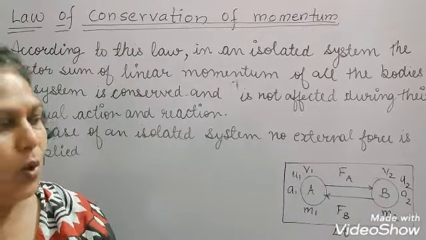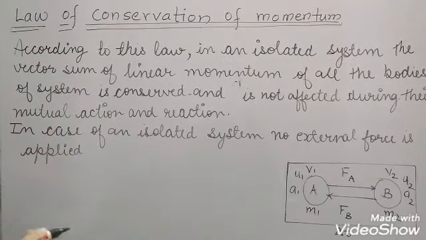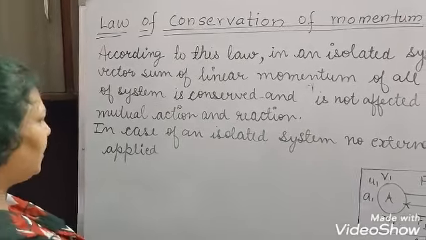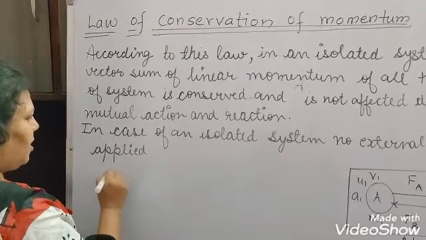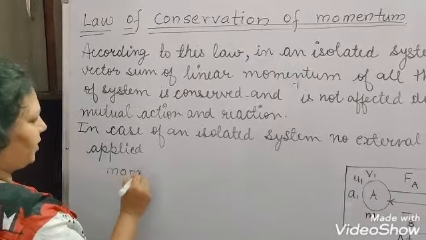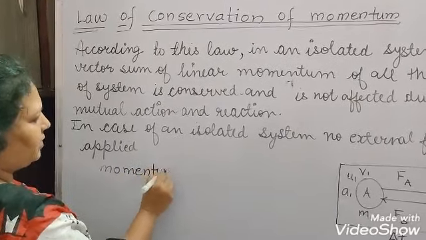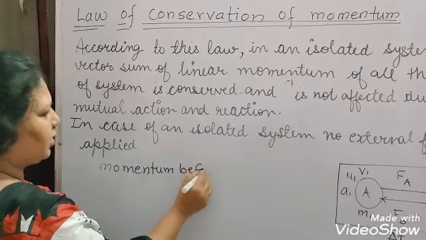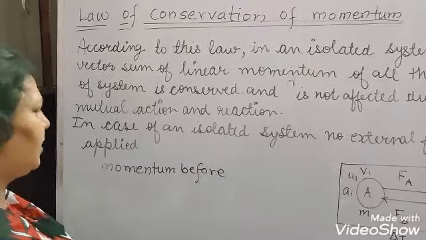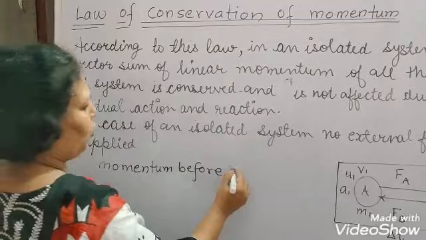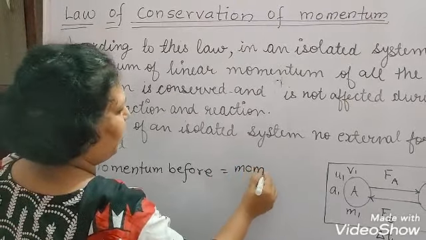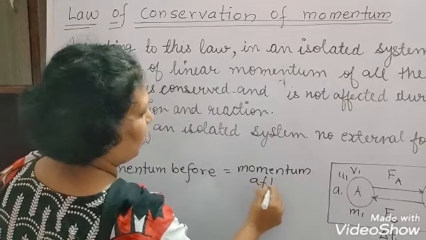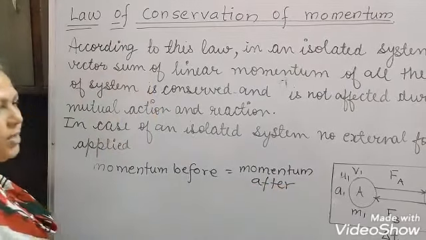Now, what we have learned from the law of conservation of momentum is that momentum will be conserved. So momentum before interaction, or before collision, is equal to momentum after collision, or after interaction, whatever you want to say.